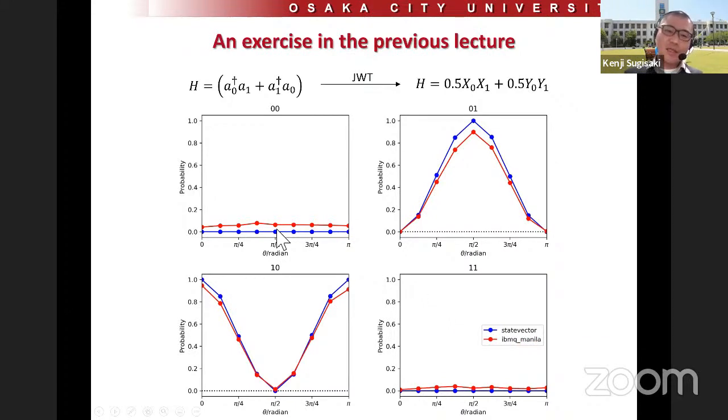As you can see, there is a small probability of obtaining the 0 state and 1 state, and this is a result of errors or noise inherent in real quantum devices. But anyway, the time evolution on the real quantum computer approximately follows the result obtained from the state vector simulator.